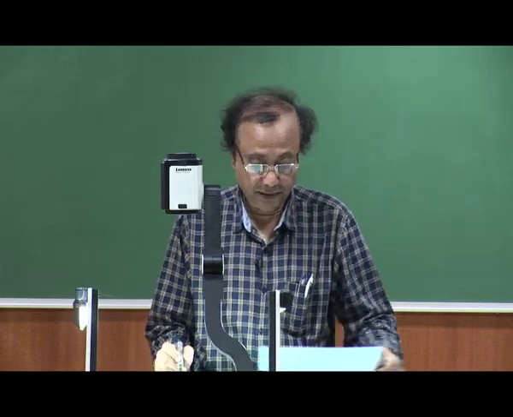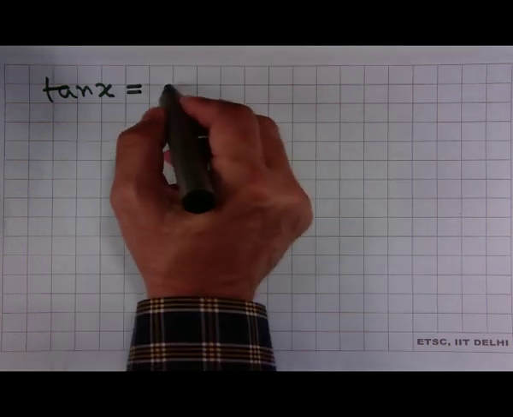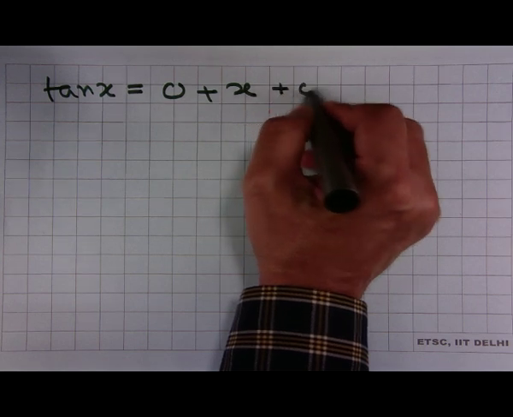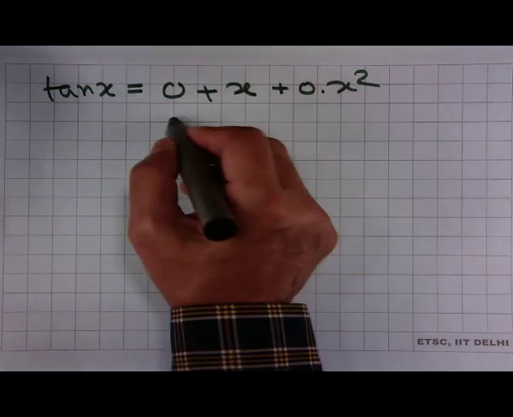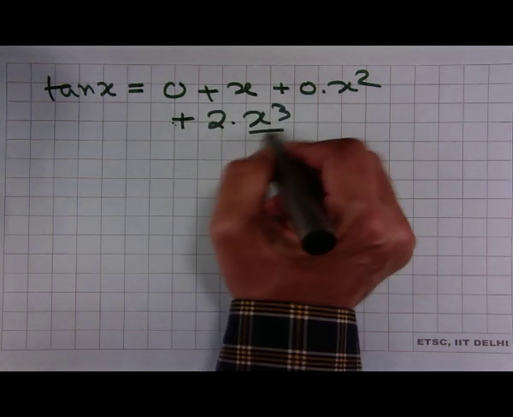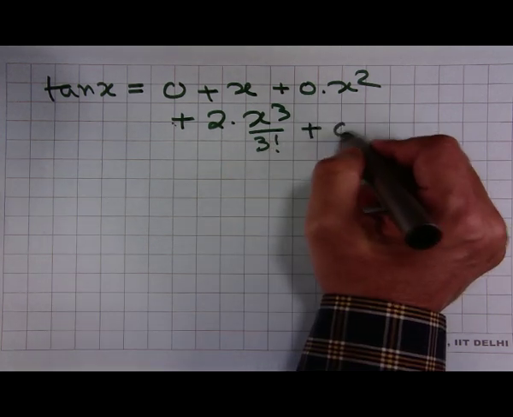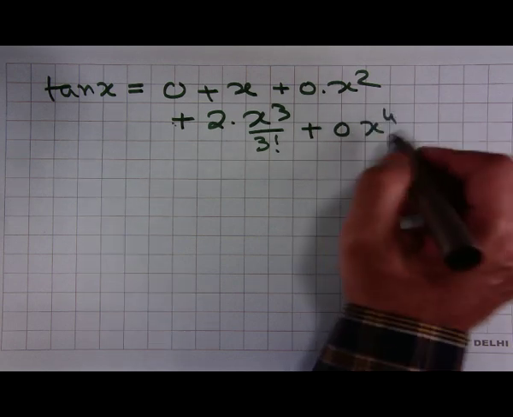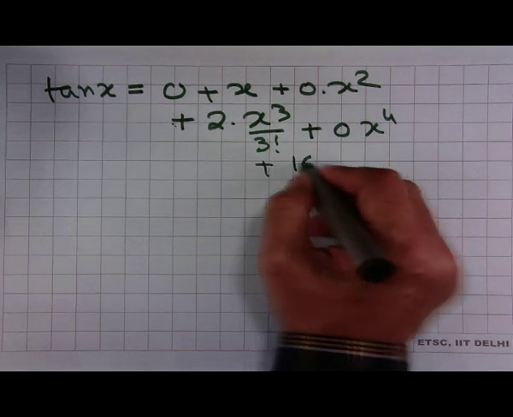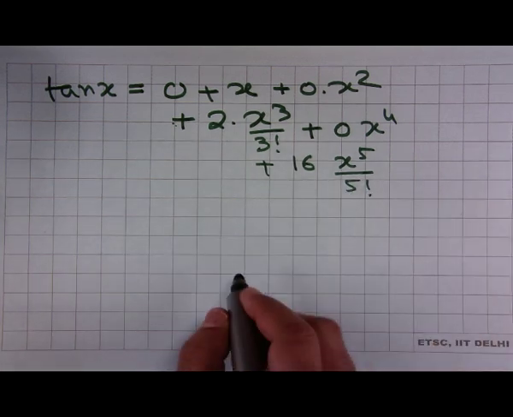On simplification, we get tan of x is equal to 0 plus x plus 0 times x square plus 2 into x cube upon factorial 3 plus 0 times x to the power 4 plus 16 times x to the power 5 upon factorial 5.